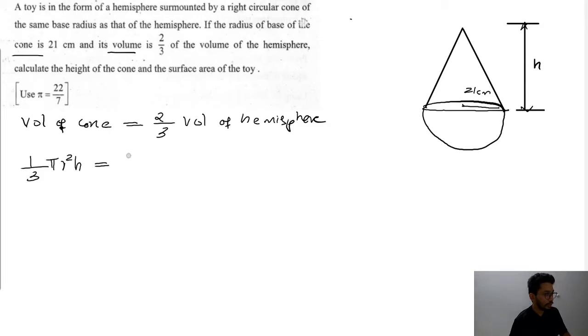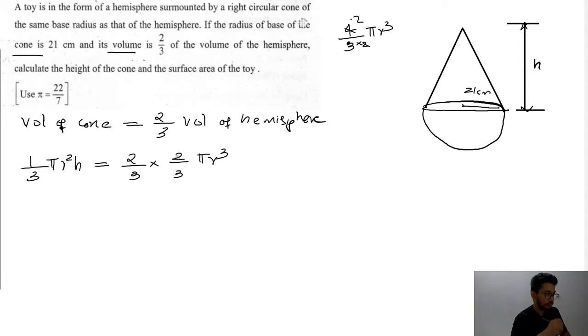What is the volume of a sphere? Volume of a sphere is 4 by 3 pi r cube. A hemisphere is a sphere cut into its half, so its half is 2 by 3 pi r cube. So the volume of a hemisphere is 2 by 3 pi r cube.